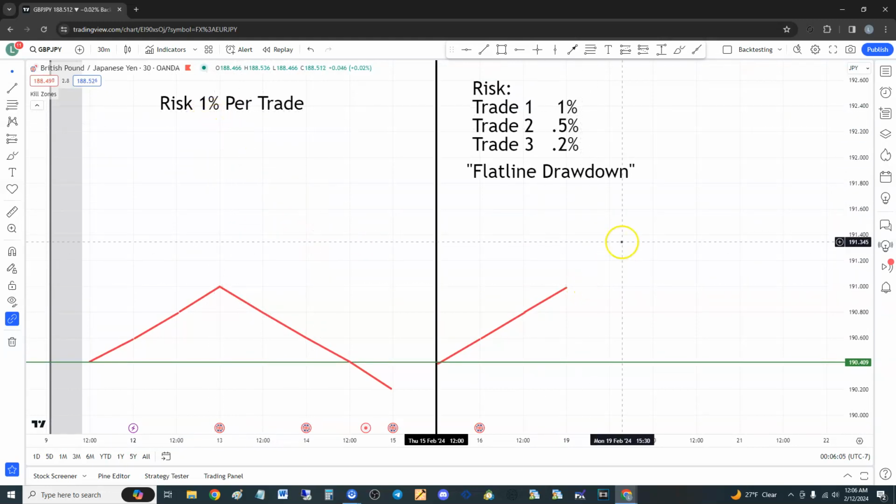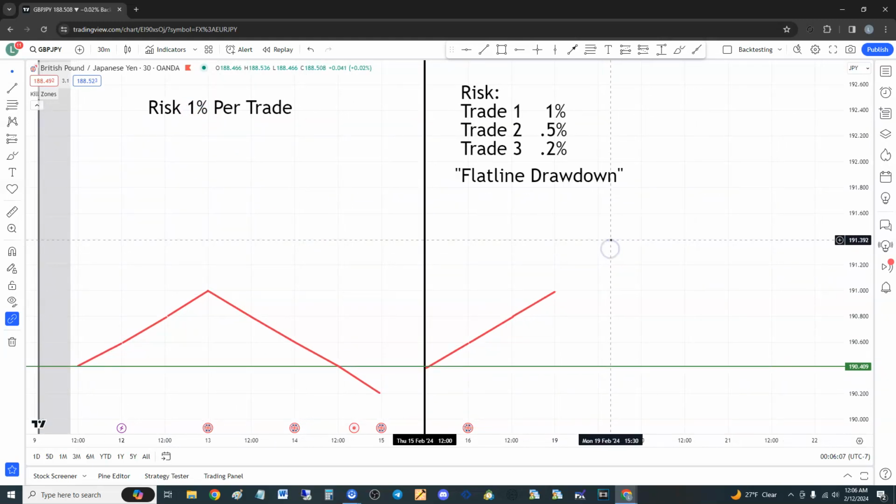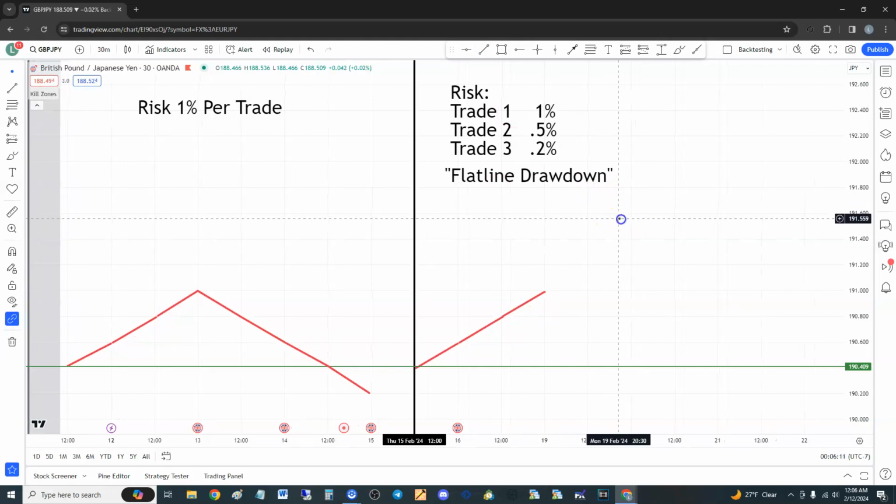Now let's take a look at the strategy that I'm suggesting here on the right hand side. In this strategy, we're going to risk 1% and lose 1 trade. Boom. Same thing as the previous example. We have won 3 trades in a row right here on this equity line. Then we lose 1 trade, 1%. Boom.